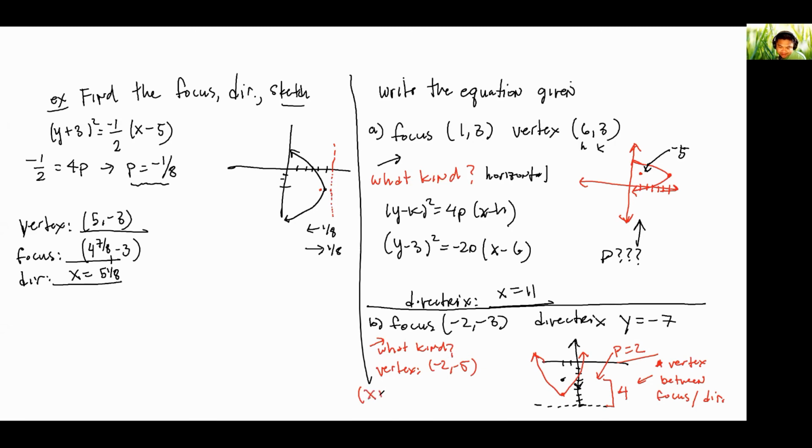Conceptually, not too difficult. It's just keeping track. What's my directrix? The directrix is here. It's facing upwards. It's facing down. Which P is this? X plus 2 squared equals -8, y plus 5.